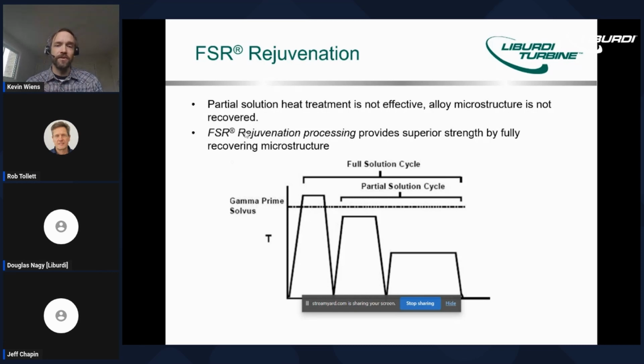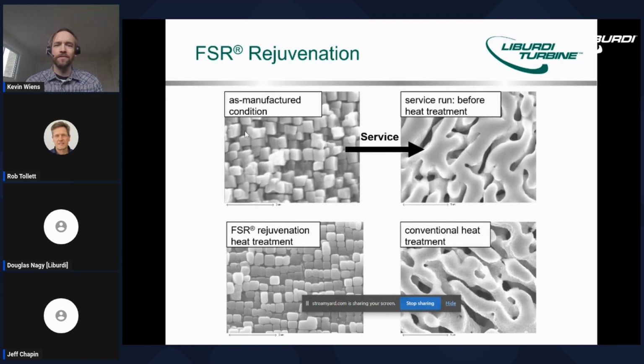Conventional repairs often just use the aging cycles alone. They don't go up to the solution temperature, and so that doesn't restore the precipitate structure. And we'll see some examples of what that looks like microstructurally here. So the top two micrographs, the one on the left shows an initial state of a microstructure. With operation, those precipitates grow, they coalesce into an overage structure.